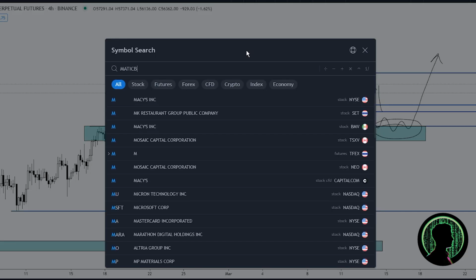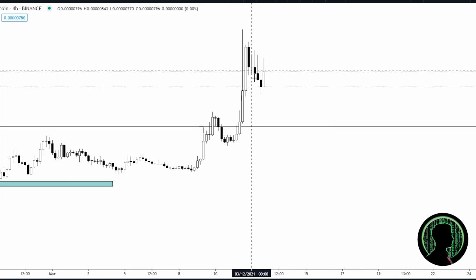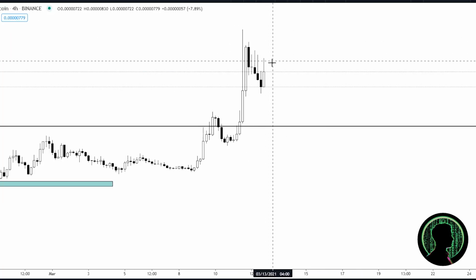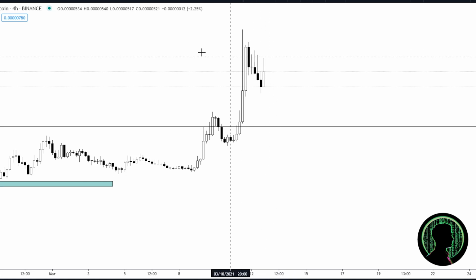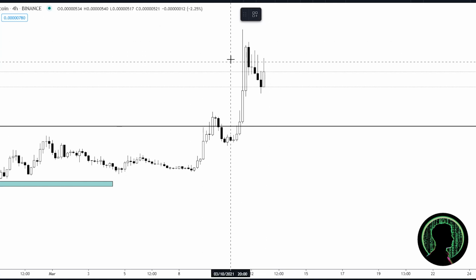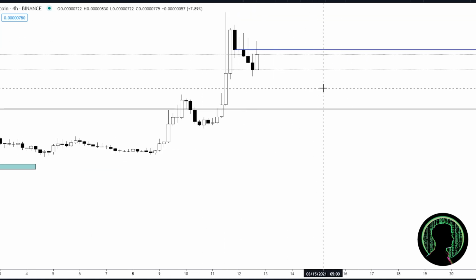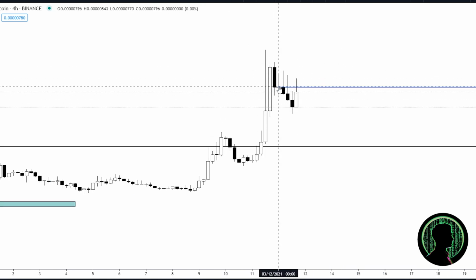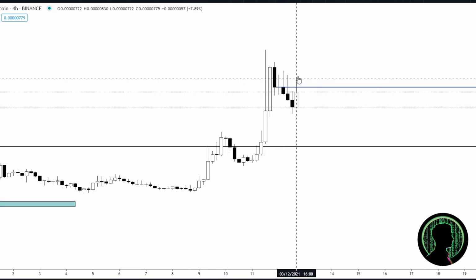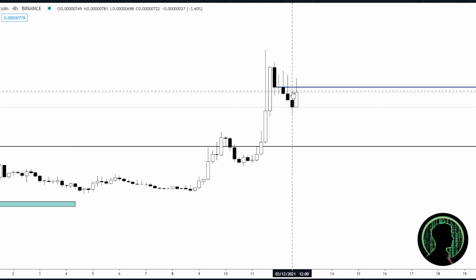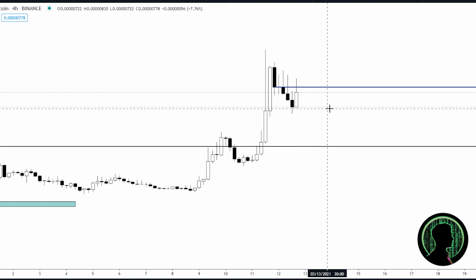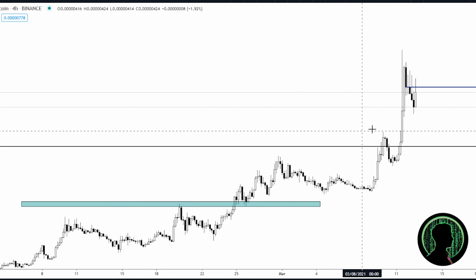Like even Matic, who's super strong, you'll see that printing a bearish retest on the 4 hour, right? So let me tell you what I'm talking about. Okay, so breakdown, right? Retest, swept the highs, about to close below. So there's a good chance that we probably go down to like 630 or something at some point.